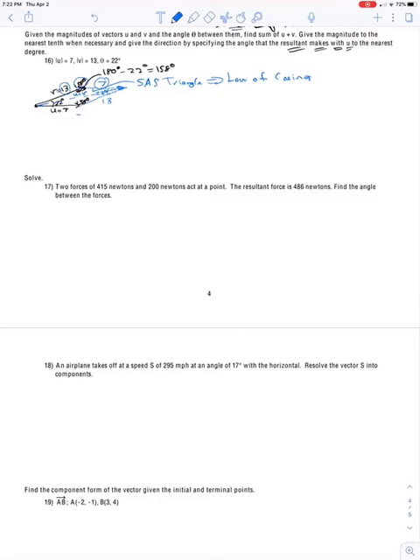And we want to find u plus v. So using the law of cosines, as we pick a side, u plus v, the square of that side equals the sum of squares of the other two sides, 13 squared plus 7 squared, minus twice their product, 2 times 13 times 7, times the cosine of the angle opposite, which is 158 degrees.